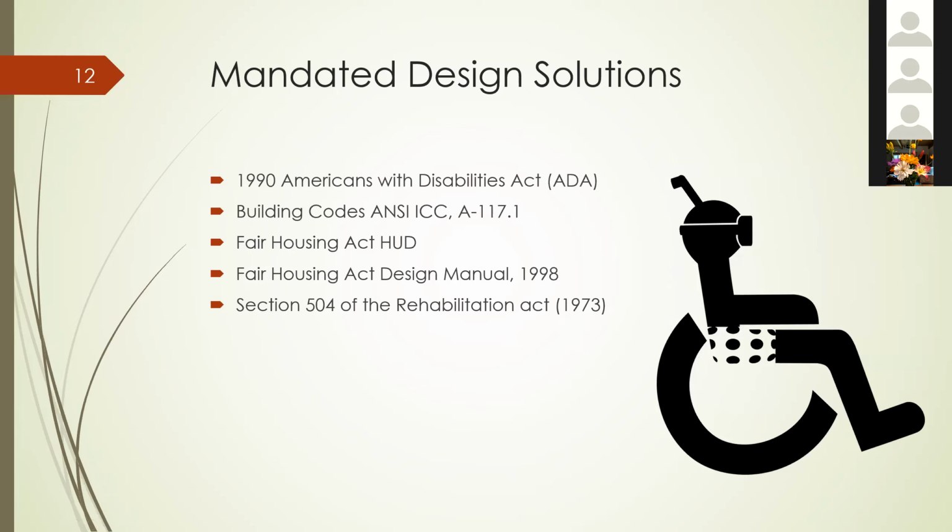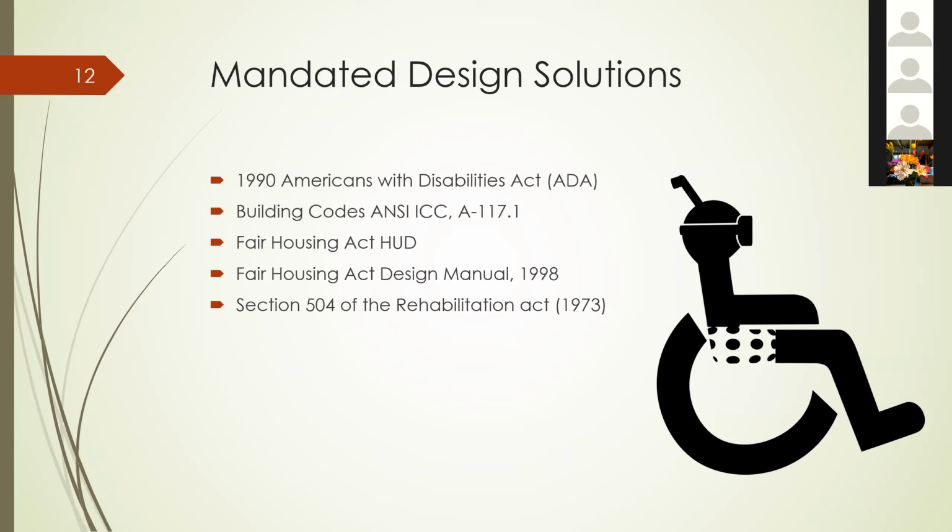From my perspective, there are some laws that professionals, designers and contractors need to be aware of to be able to help you. They establish a lot of standards that are used in the design of buildings.